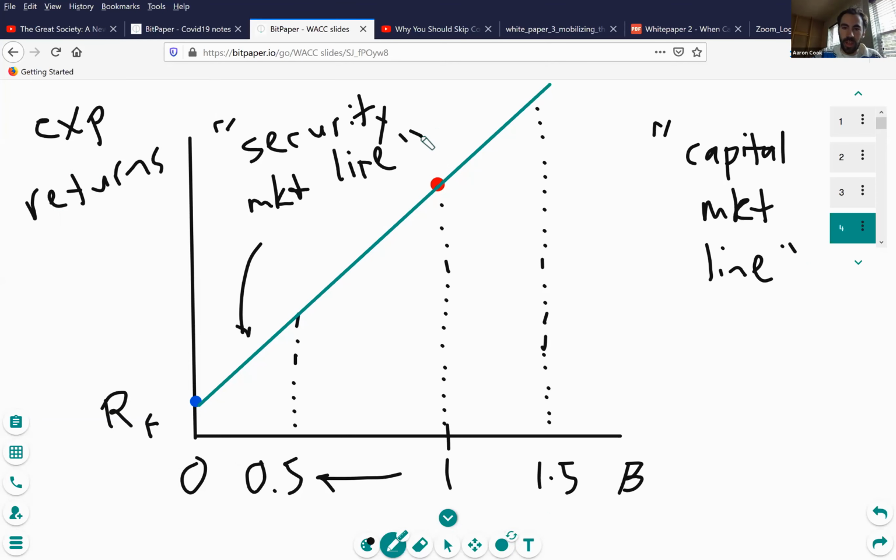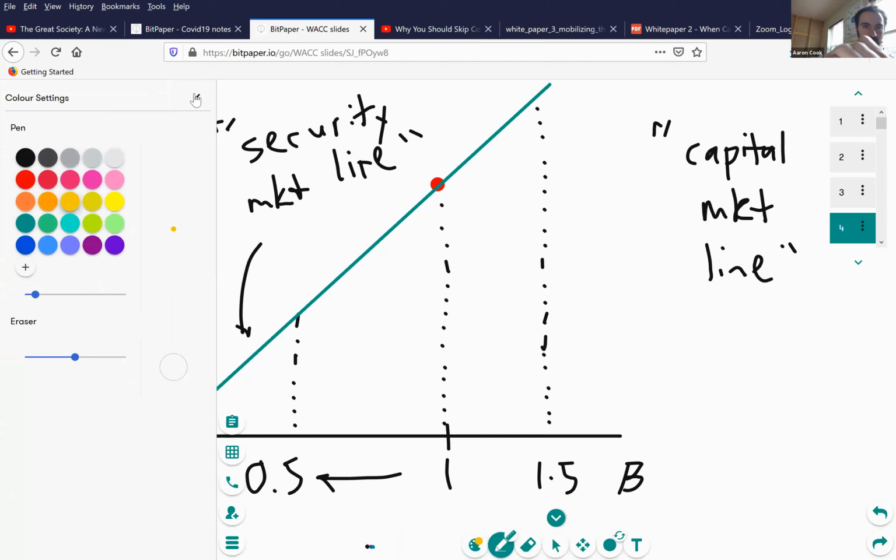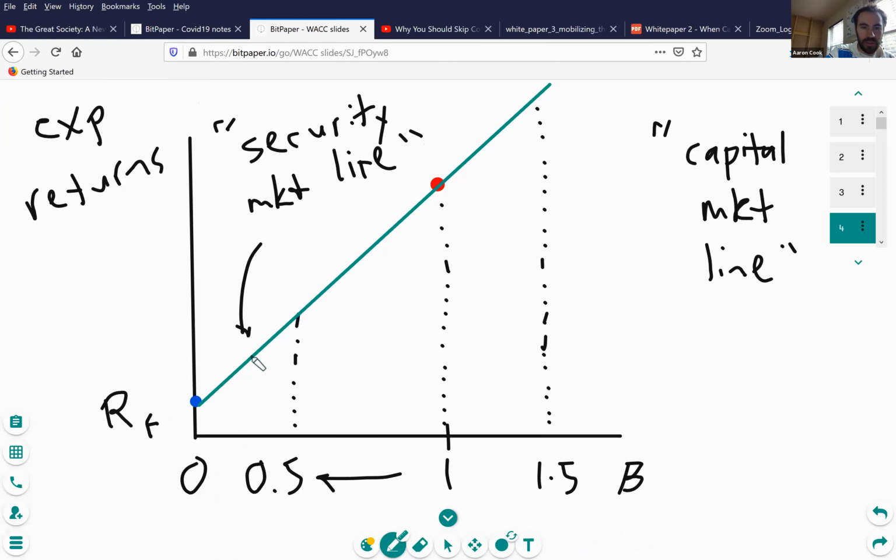There is a difference between, say, this portion of the line, between the yellow and the red. That portion would be if you're investing part of your portfolio in the risk-free rate and part of your portfolio in a diversified set of stocks in the market as a whole.